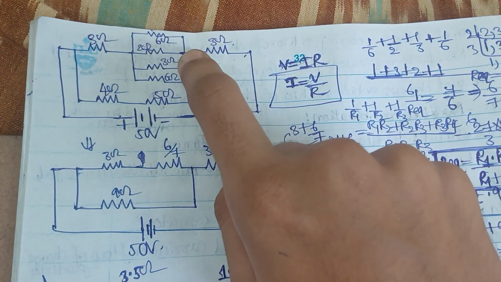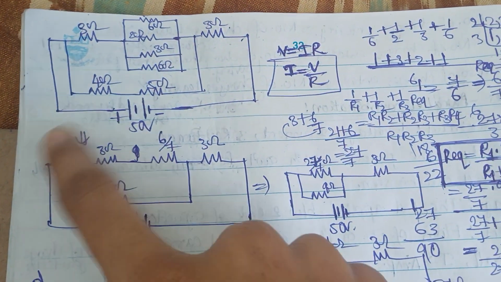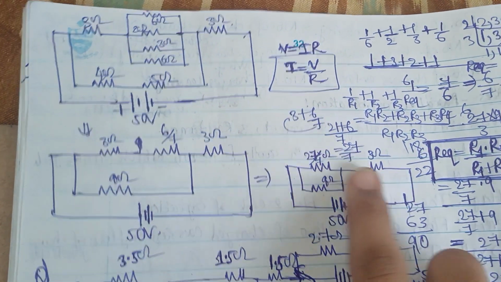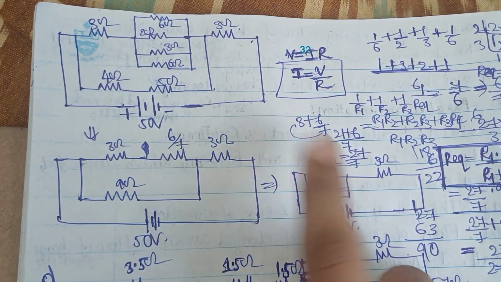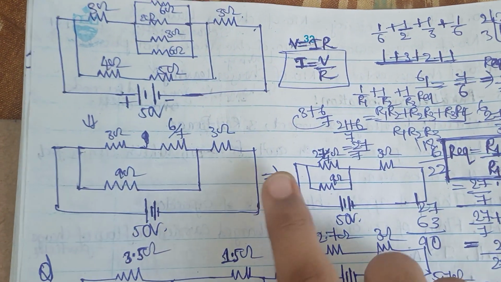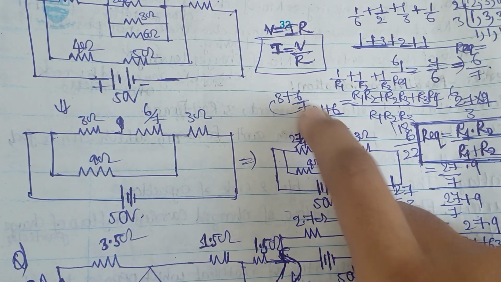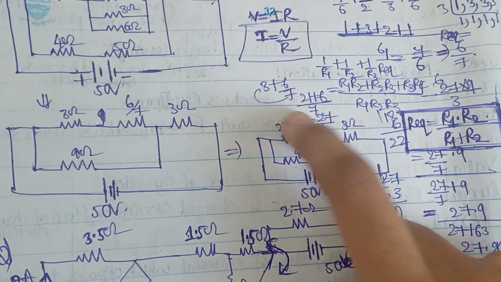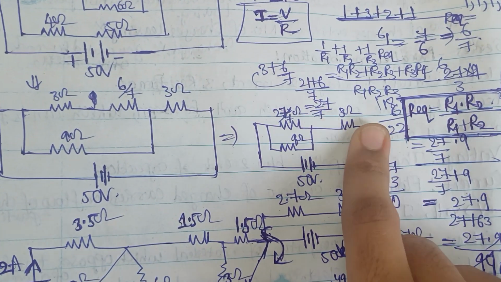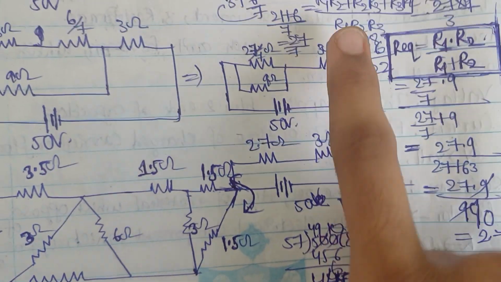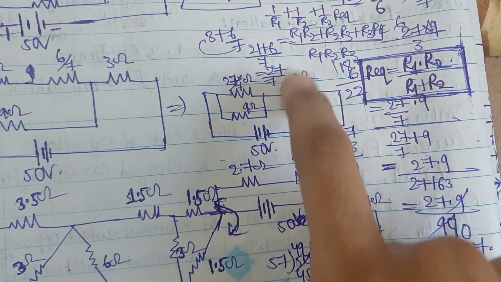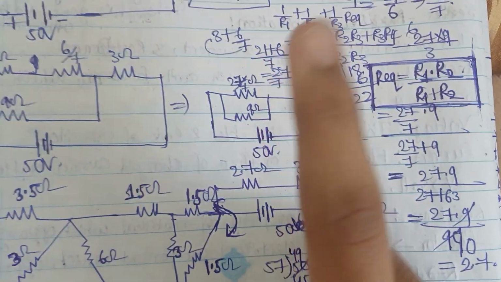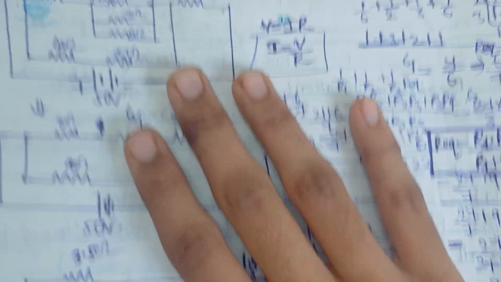This in parallel gets reduced like this, and now these both get reduced in this way, since these were in series and this was also in series, so these resistors get added up, and again these were in parallel. If you resolve this, it comes into series again. So if you add this, this entire one will be in series, and thus you can find the current. The question is to find the current in this circuit.